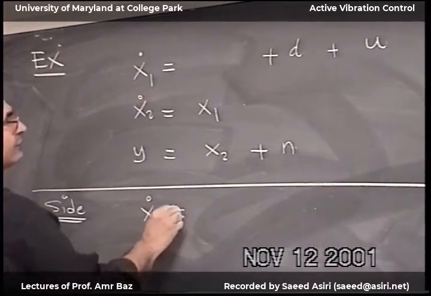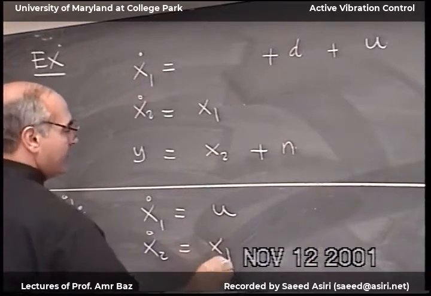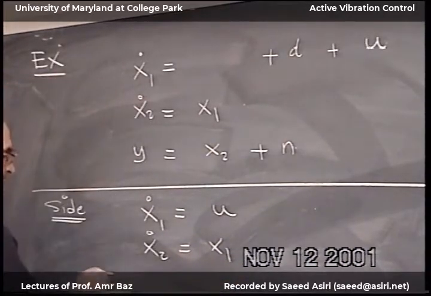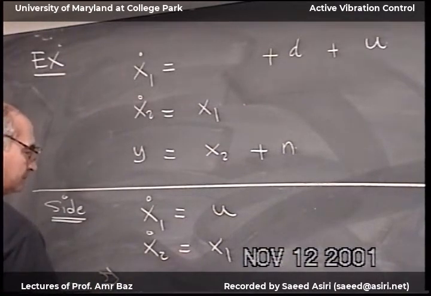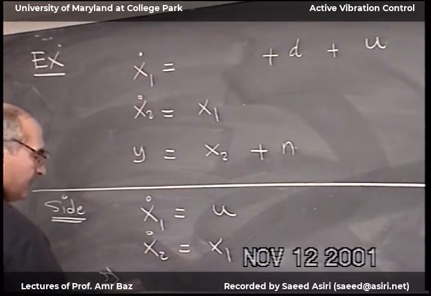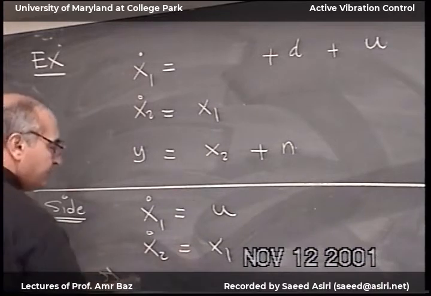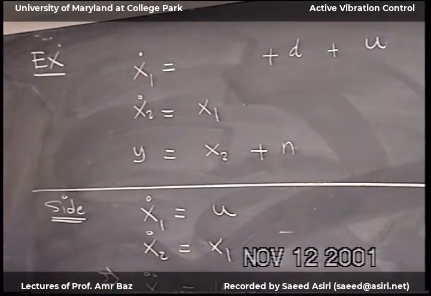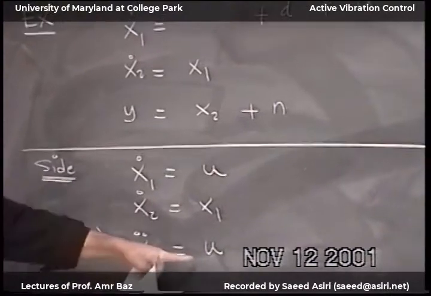X1 dot is equal to u, and x2 dot is equal to x1. Then if I combine these two, x2 double dot is equal in effect to u.